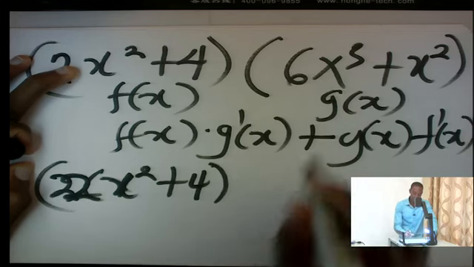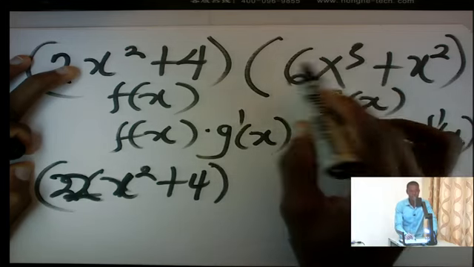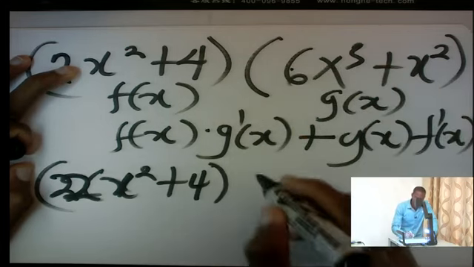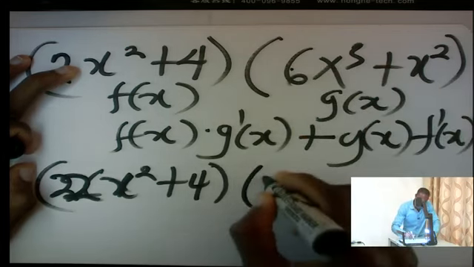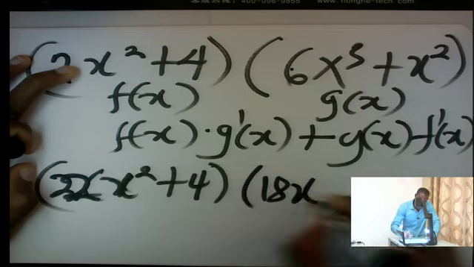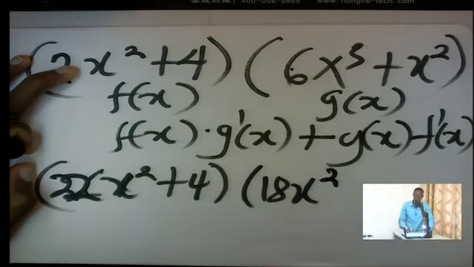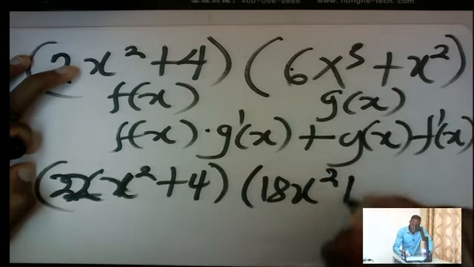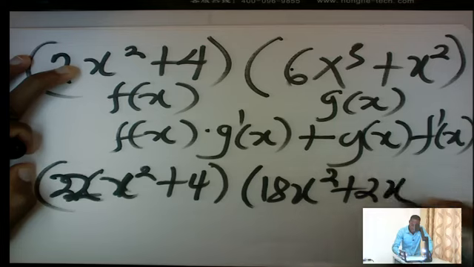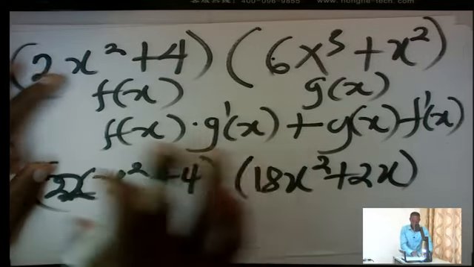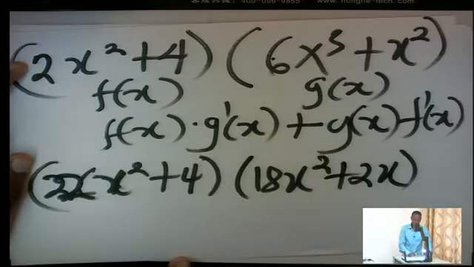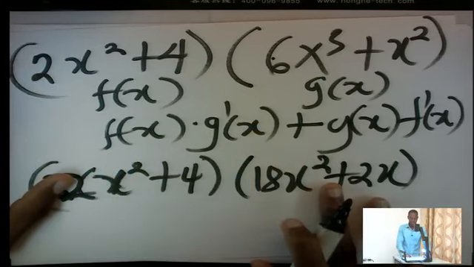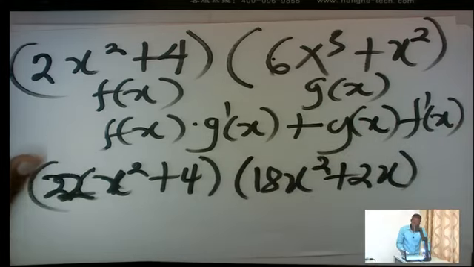Now, this function here, 6x cubed: 3 times 6 would be 18, and then 3 minus 1, so this is going to be 18x to the second power. And then here, x squared, I would have 2x. That's it. So I'm done with this first part, which says I keep my f of x as it is, and then I multiply it by the derivative of my g of x.